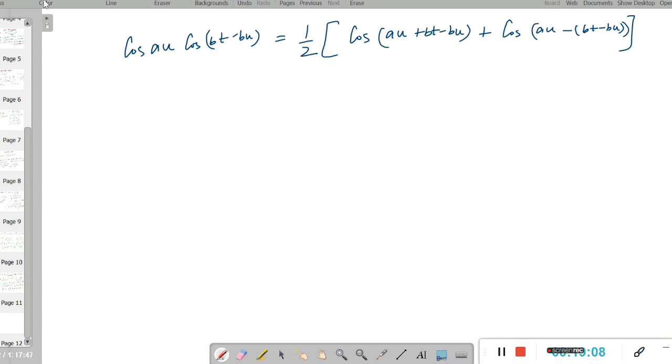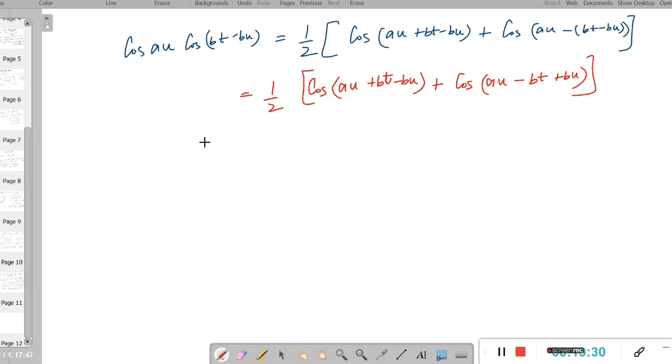So simply you can write 1 by 2 cos au plus bt minus bu plus cos au minus bt plus bu.